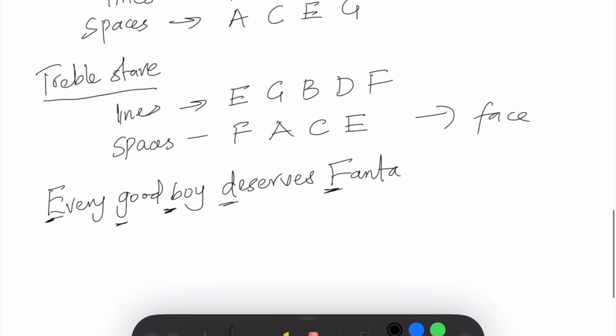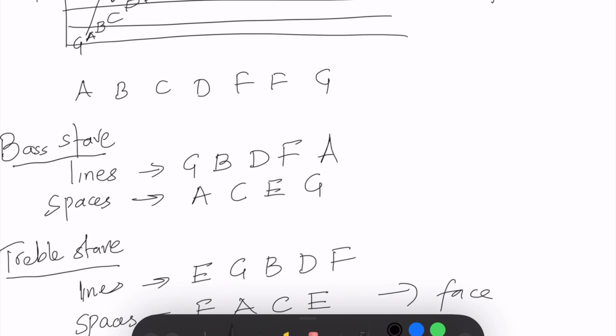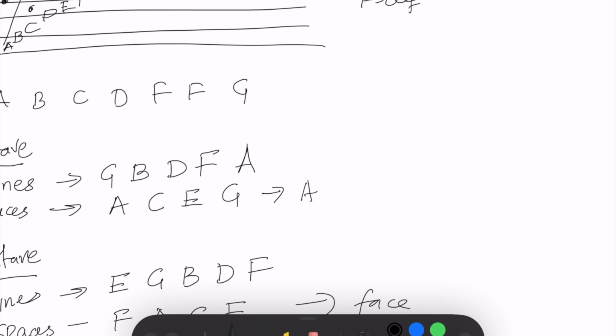And let's look at the spaces here. Here I like to say all cows eat grass. And that's definitely true. All cows eat grass, or all cattle eat grass.